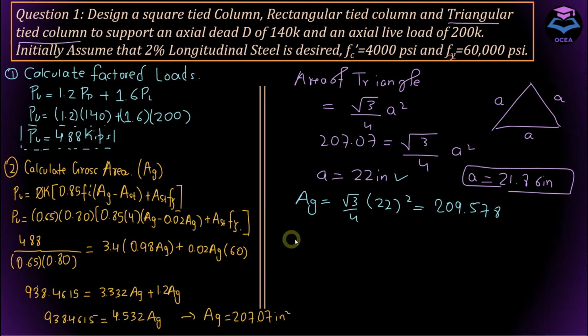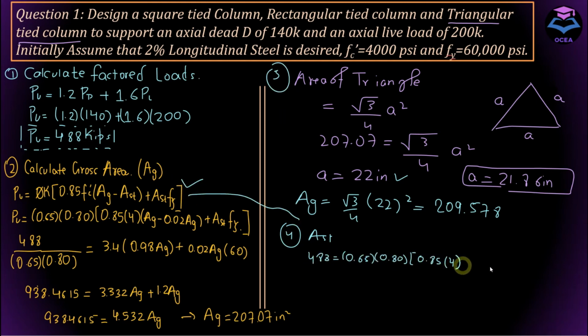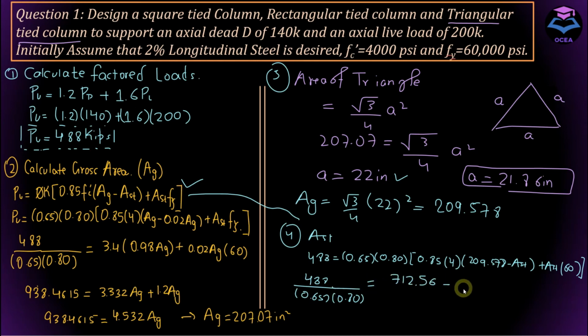Now to calculate the value of Ast, Ast is equal to 3.99 inches square. Let's calculate the number of bars on the basis of this area of steel.